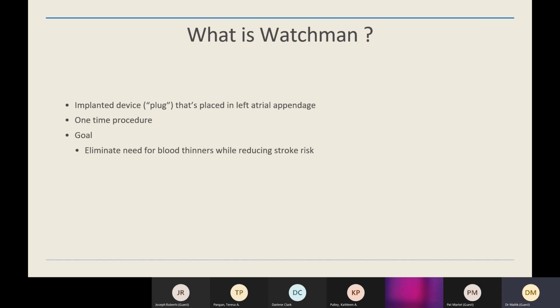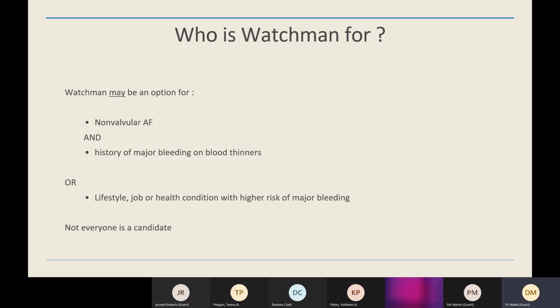The goal of WATCHMAN is to eliminate the need for blood thinners while reducing the risk of stroke, essentially in people who cannot take a blood thinner for a variety of reasons. So who might be a WATCHMAN candidate? Patients who have atrial fibrillation, who have had major bleeding while taking blood thinners, or a group of patients who have a lifestyle or some occupation that puts them at higher risk of major bleeding, and they just cannot take blood thinners for any sustained period of time.